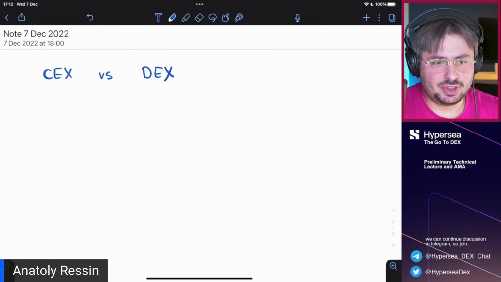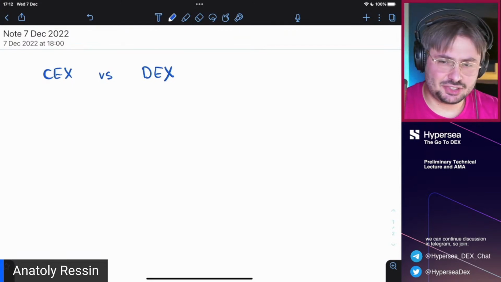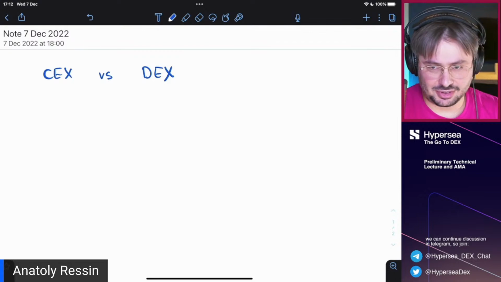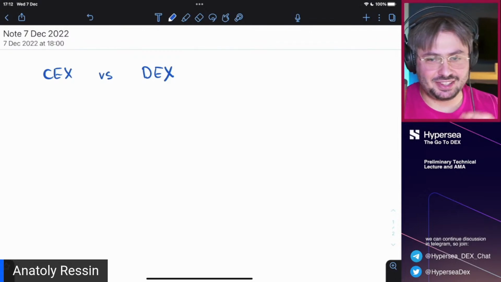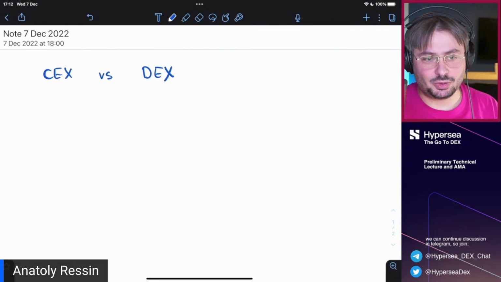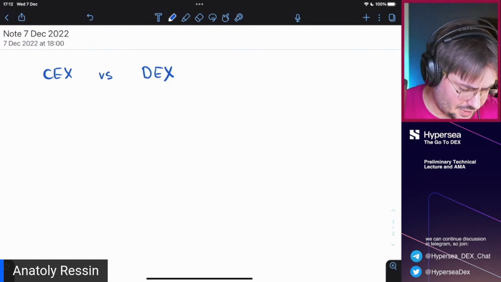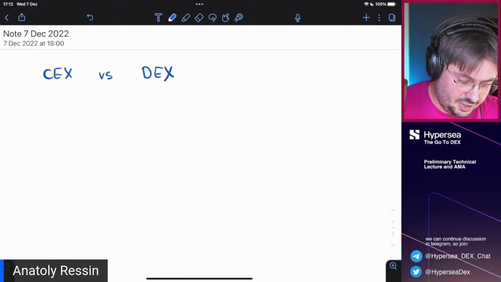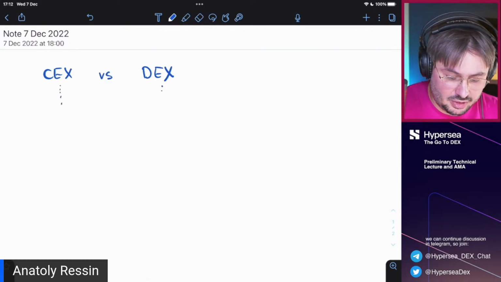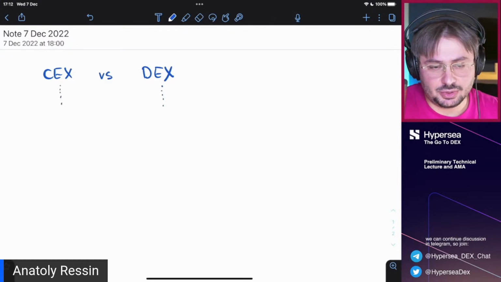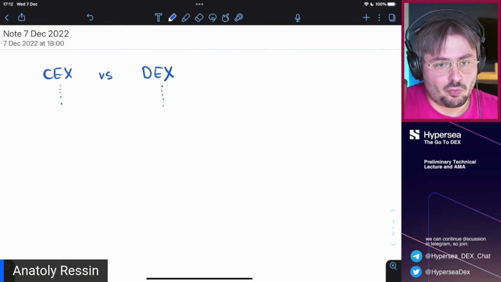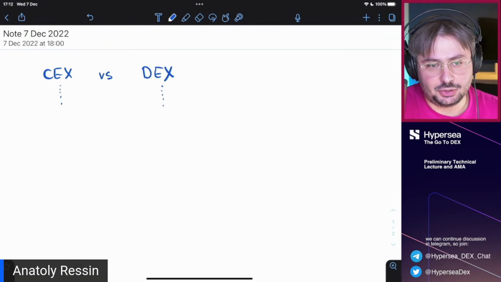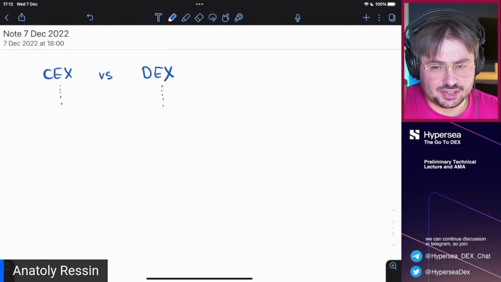But I believe that centralized exchanges have potential, but unfortunately, you see what can happen with CEXes. But here I will cover these two types as a battle between two different models.